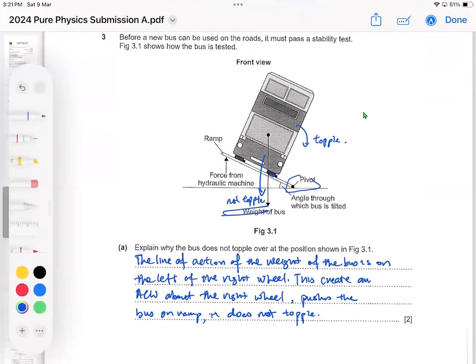So assuming something like this, then you'll see that the bus is slanted and will go something like this. So the CG generally will shift.